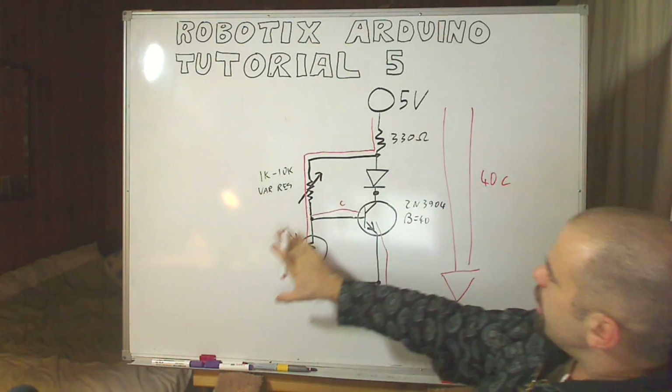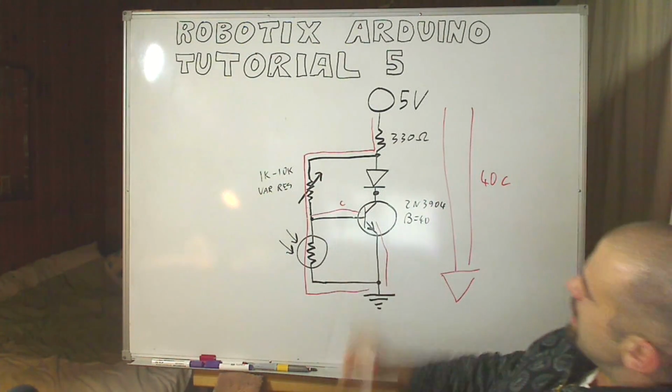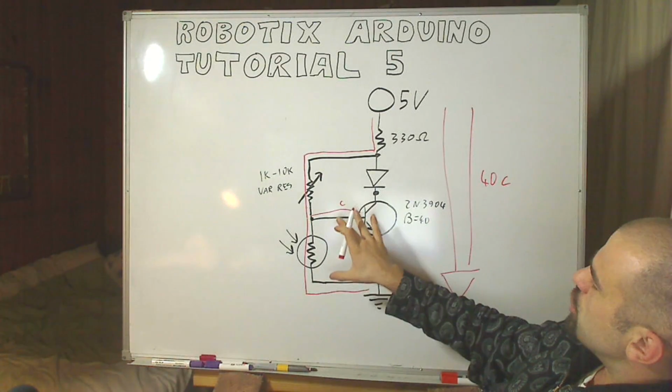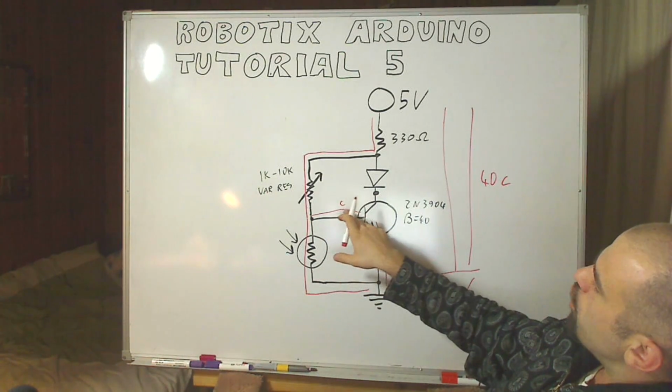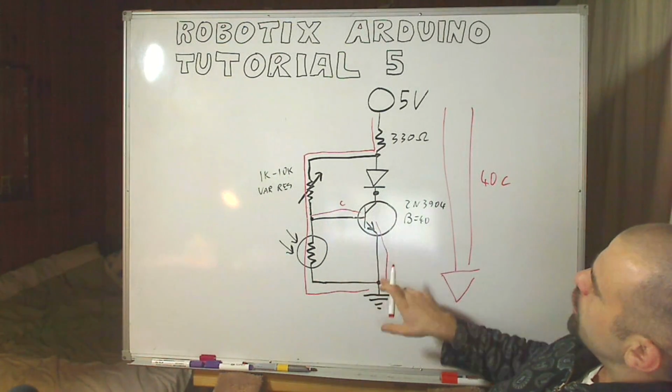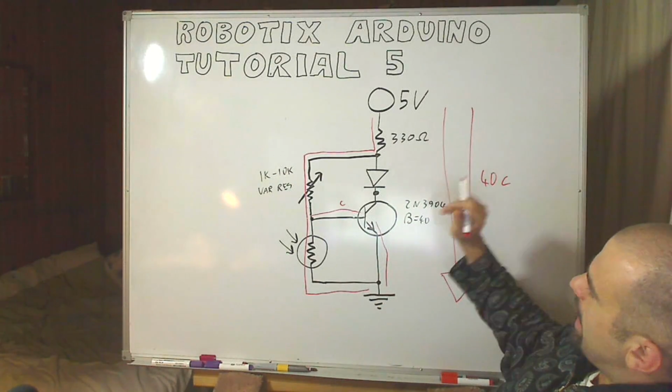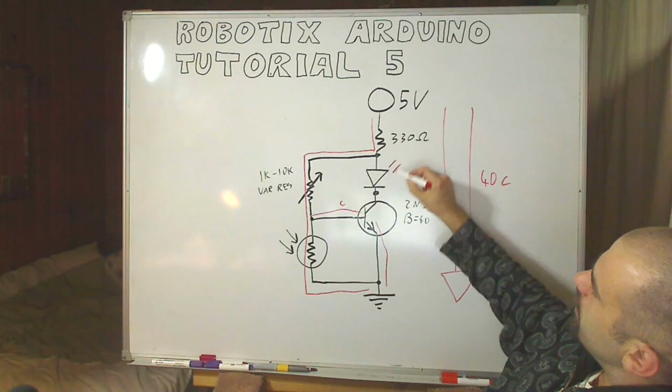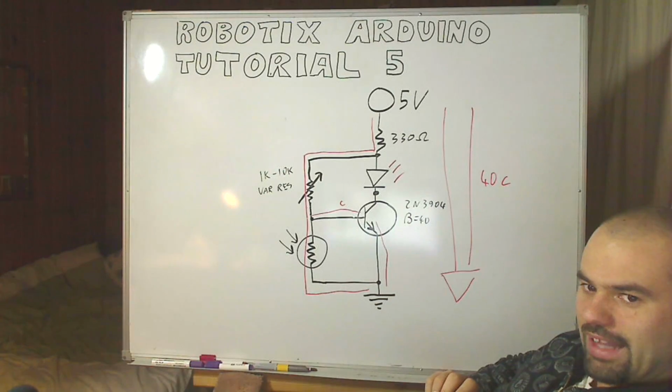So even a small shadow passing over our LDR is going to change the state of the circuit so that a little more current passes through the transistor. It's amplified by 40, and it's probably going to be enough to turn our LED on.